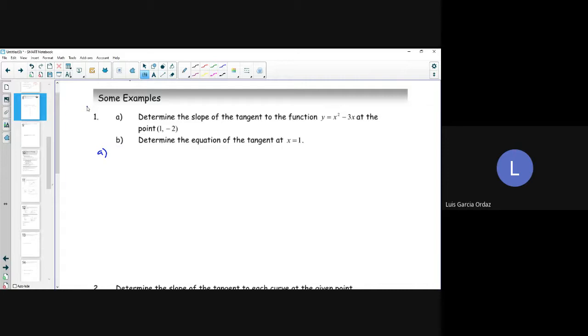Okay, so we're going to find the slope of the tangent where x equals 1 because of our points. So this is going to equal the limit as h approaches 0 of our function, f of a plus h minus f of a over h.